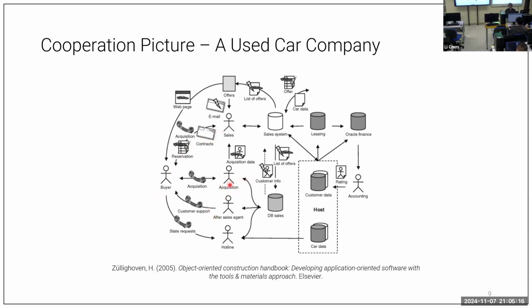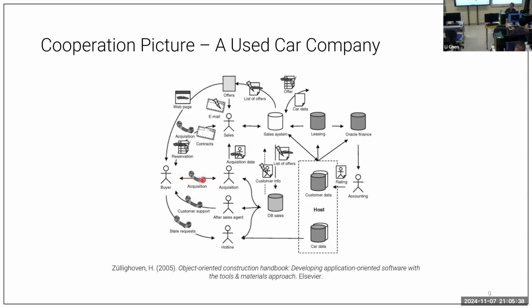And also, there might be a man in charge of the acquisition of used cars, right? So the buyer can also be, in many cases, some people who want to sell a used car to the company or want to exchange an old car for a newer car, right? So these are all possible. So how do they communicate?